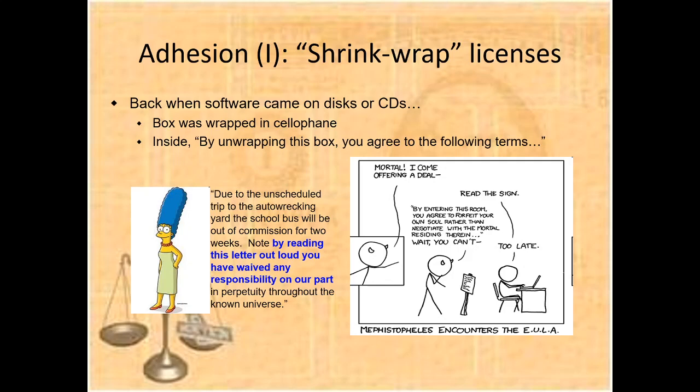So for example, another very interesting case is the Mephistopheles encounter in an EULA. A motel, and I come offering a deal. Read the sign: "By entering this room, you agree to forfeit your own soul rather than negotiate with the mortal residing there."